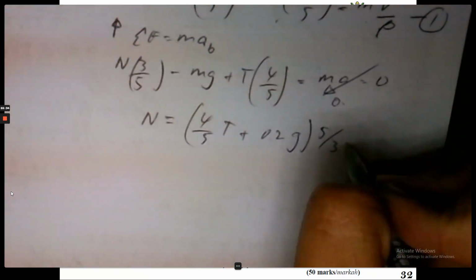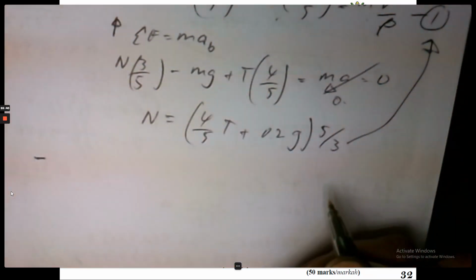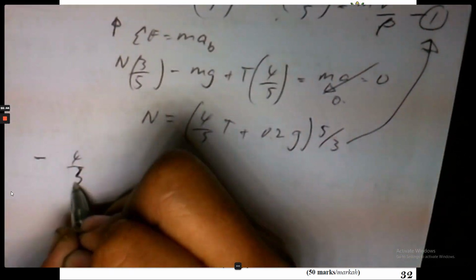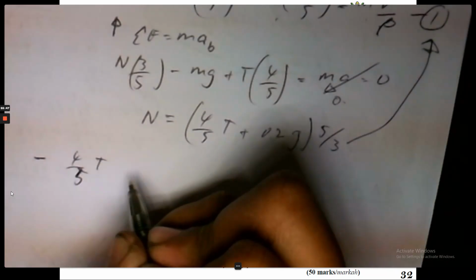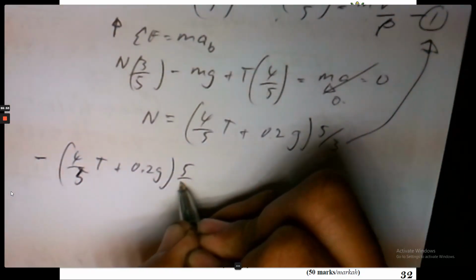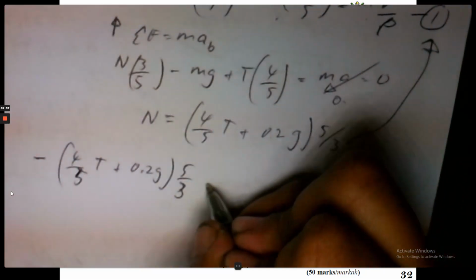And then after we got N, we need to put it back to the first equation right there. In this case, negative 4 divided by 5 T plus 0.2 g times 3, right?